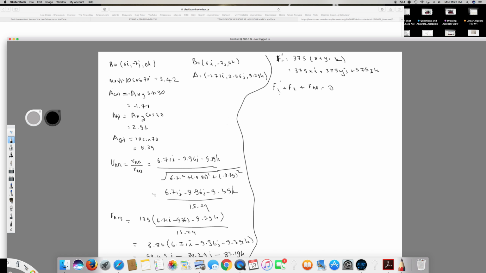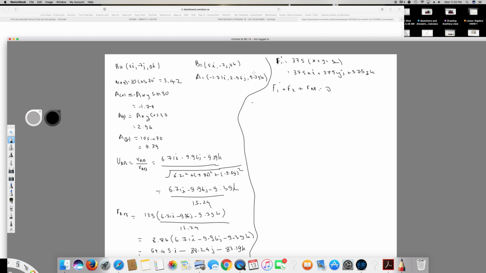Let's put the values right here. Since we can't add j components with i, or k components with i or j, I'm just going to directly add the i, j and k components separately, so it will become easier.